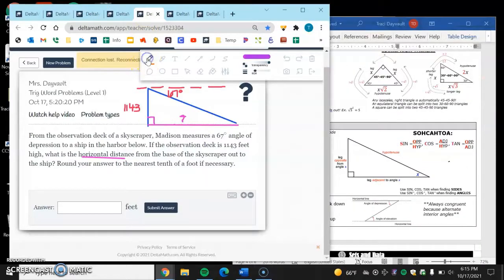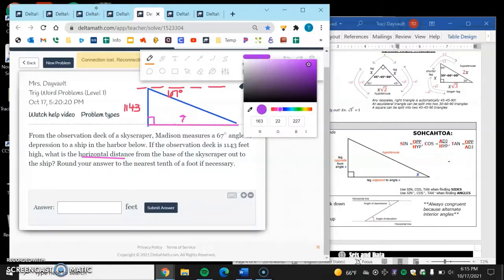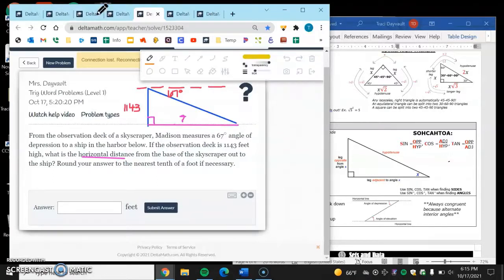But we only have one side length for this triangle. We do not have any angles for this specific triangle. So what we're going to have to do is get creative. There's a couple things you could do. One thing that you could do is find this angle here, based on the fact that this would form a right angle.